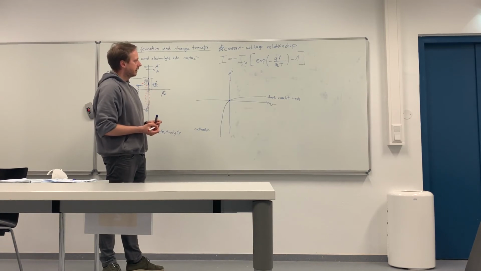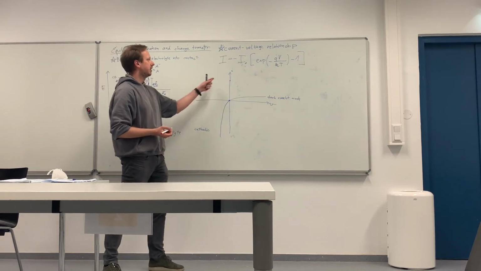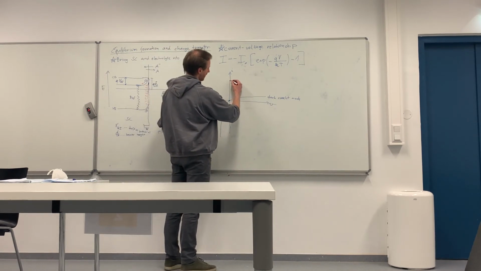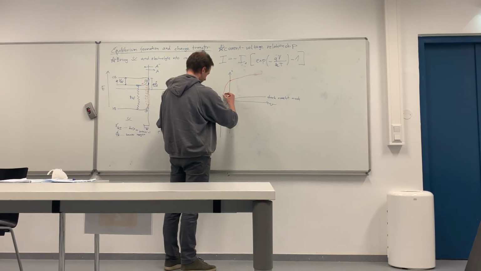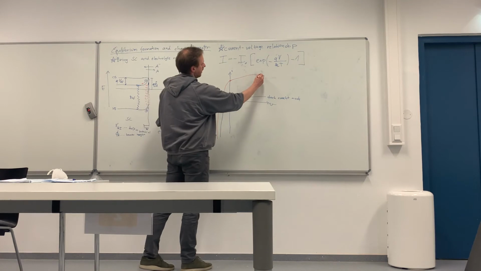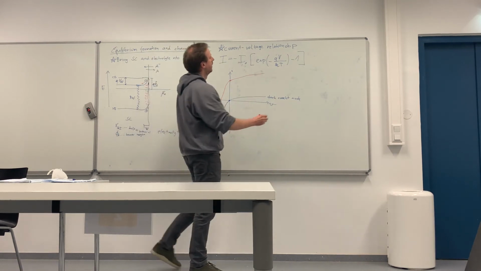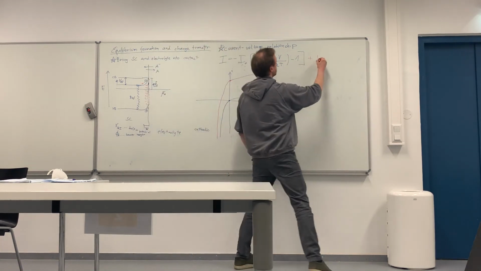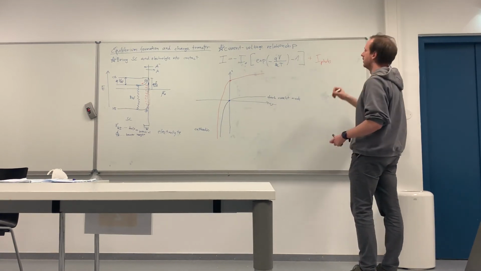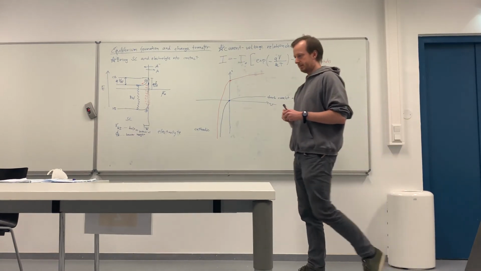And from a mathematical point of view, this is just an offset of this equation. Let me draw it here. Just add a constant current. Here in the graph, one just adds a constant I photo, which is the photocurrent.